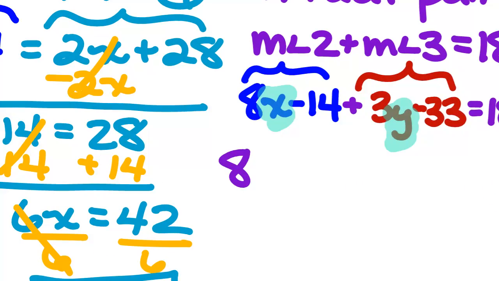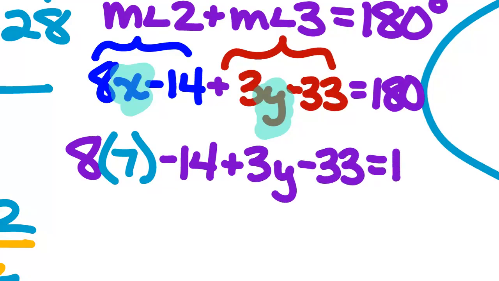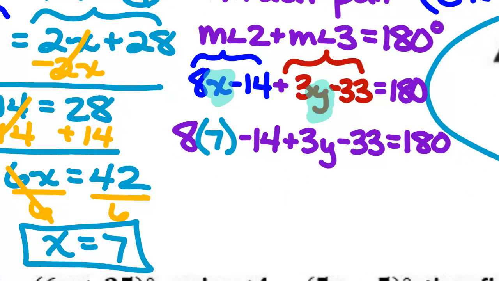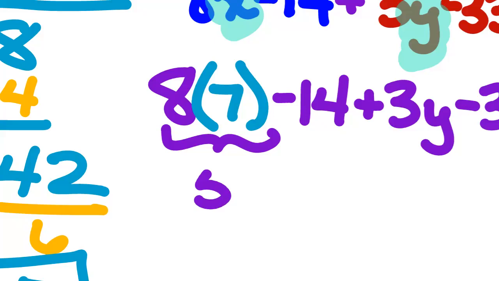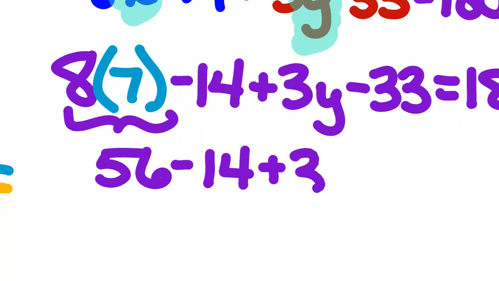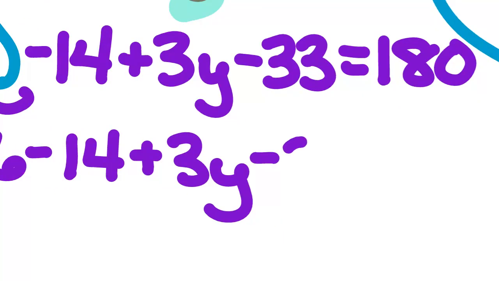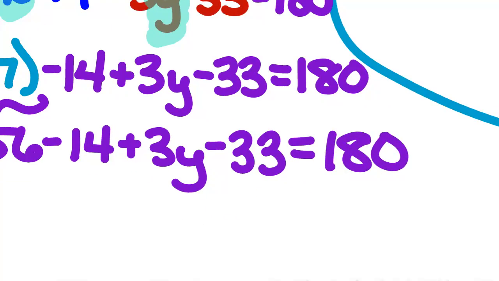So I have 8 times 7 minus 14 plus 3y minus 33 equals 180. What is 8 times 7? 56 minus 14 plus 3y minus 33 equals 180.